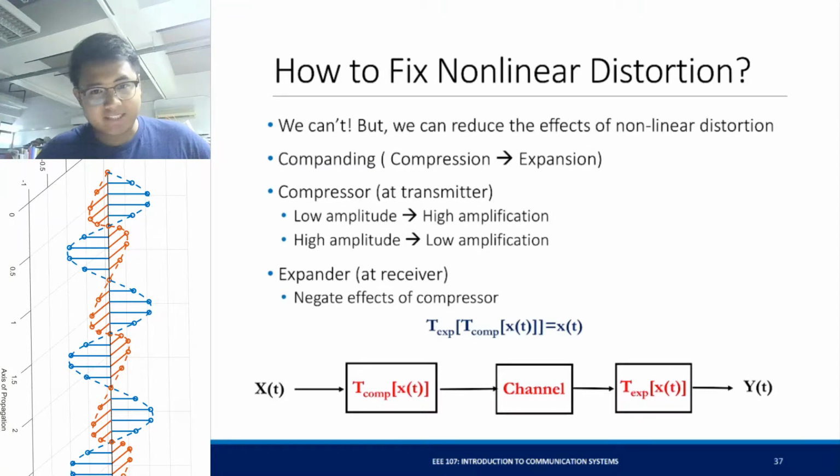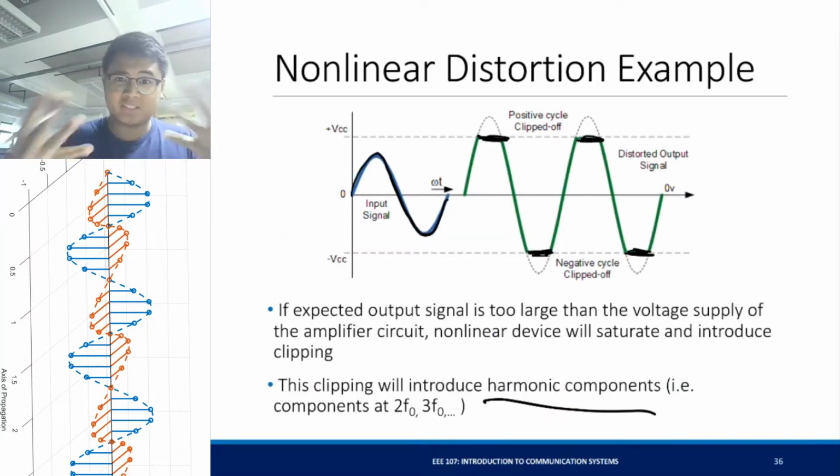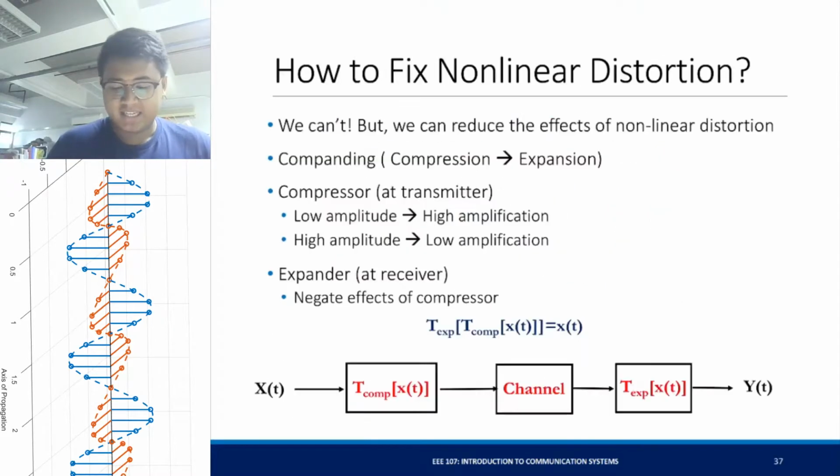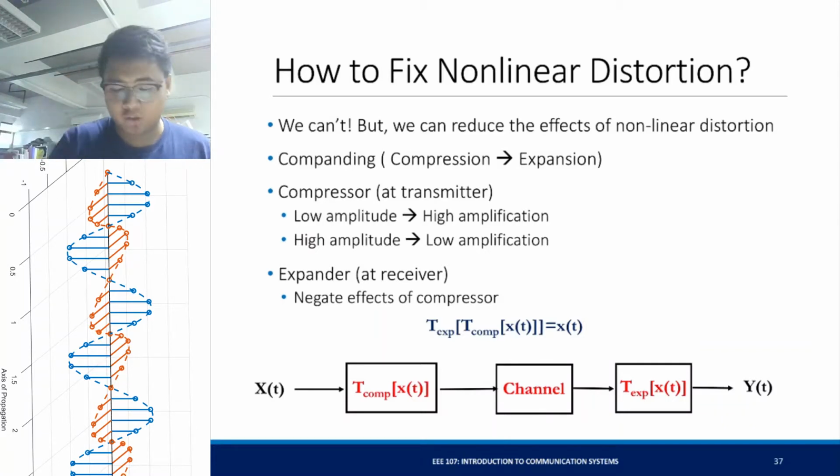We can't really fix it in the same way as linear distortion, but we can avoid it. Okay? So if the problem is that the signal is just too large, then maybe we just need to compress it. If we compress it at the transmitter, then at the output, we have to expand it. This is the process we call companding. Okay?